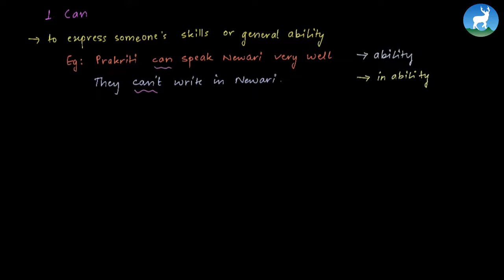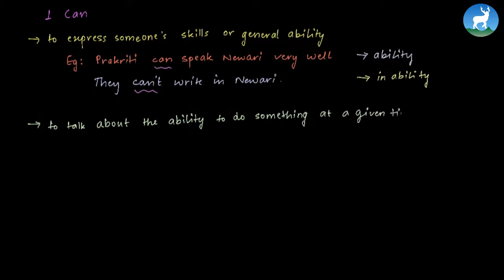So let's write it down. Can is used to talk about the ability to do something at a given time, be it in present or future.